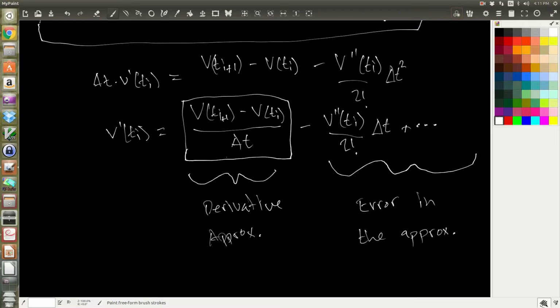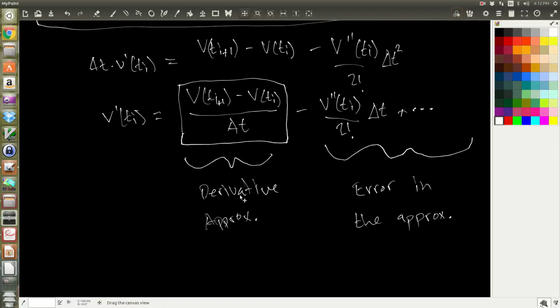So the interesting thing about this is, the second derivative of v evaluated at ti divided by 2 factorial. We don't know what that number is. It's just going to be some number, and we don't know how big or small it is. What we do know is we know how big delta t is.